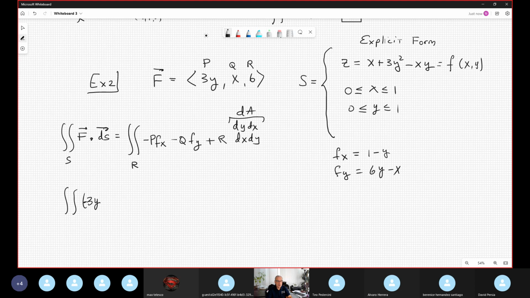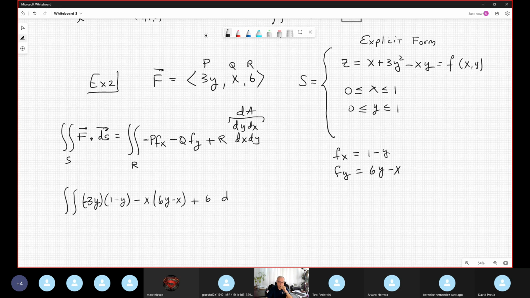P is 3y, minus 3y multiplied by the derivative, which is 1 minus y. We continue, minus Q, which is x, multiplied by this partial derivative, 6y minus x, plus R, which is just 6.